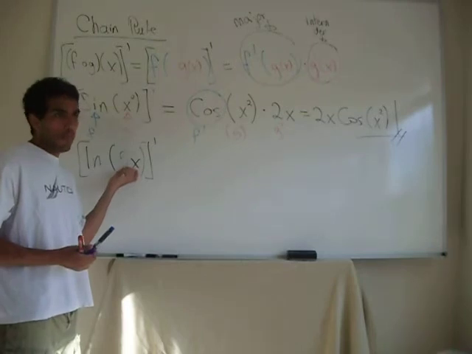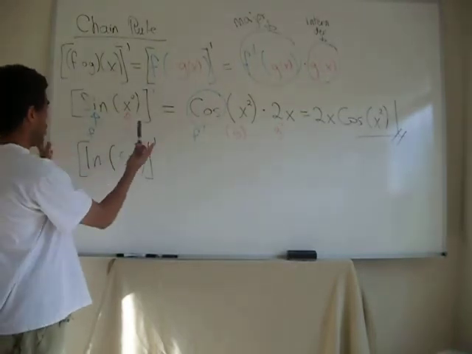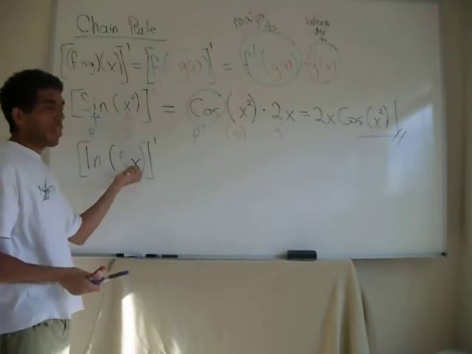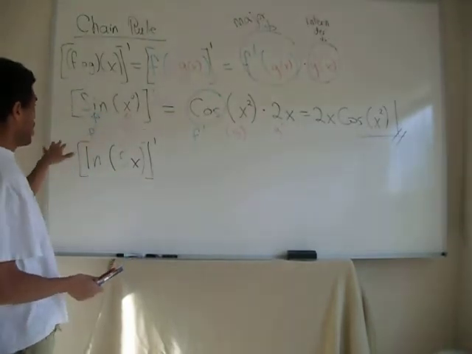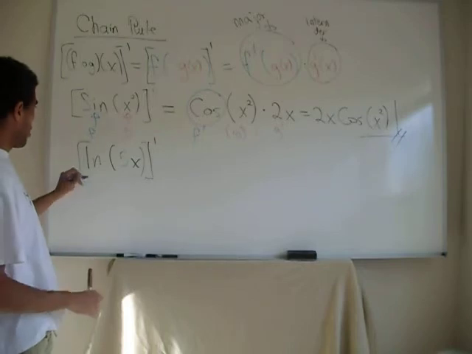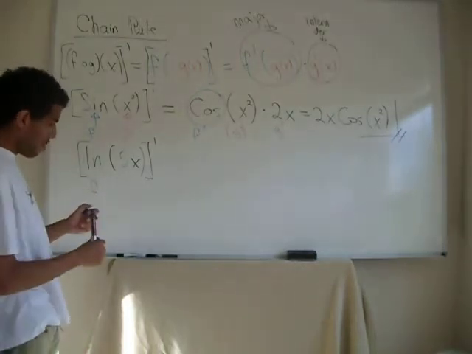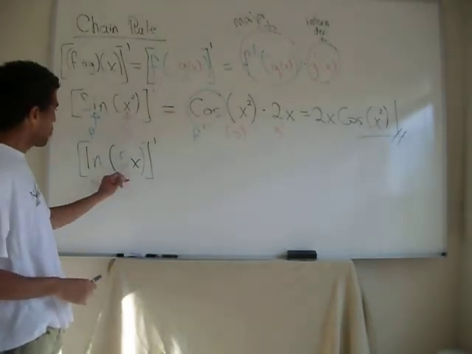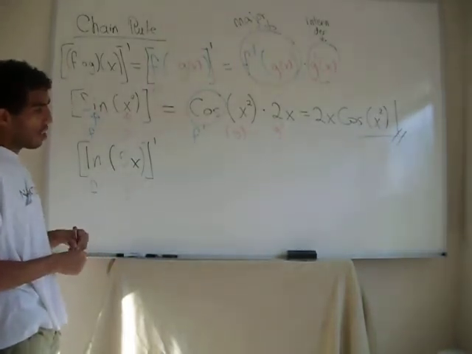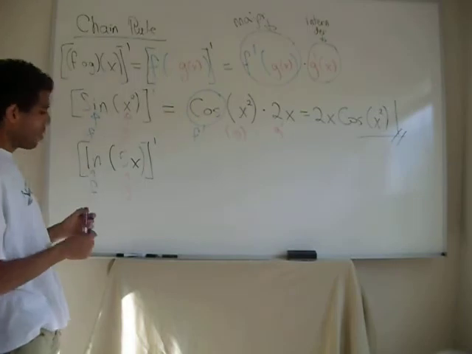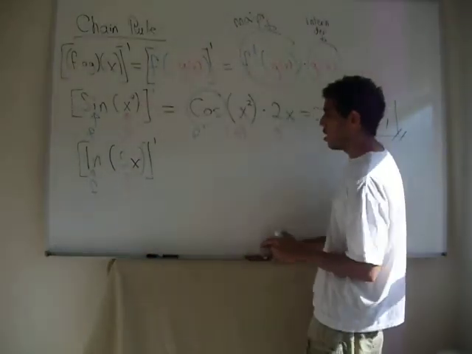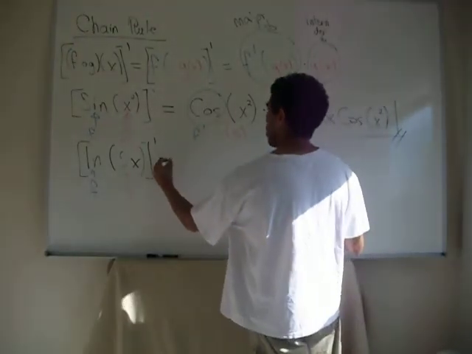First I multiply it by 5, and then I take the natural logarithm of it. That means natural logarithm is f, and 5x is g. g is the inner, f is the major. So when we apply the derivative, we follow the chain rule.